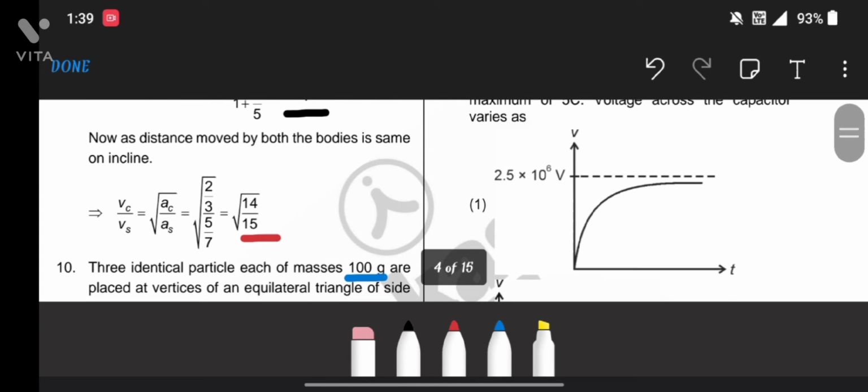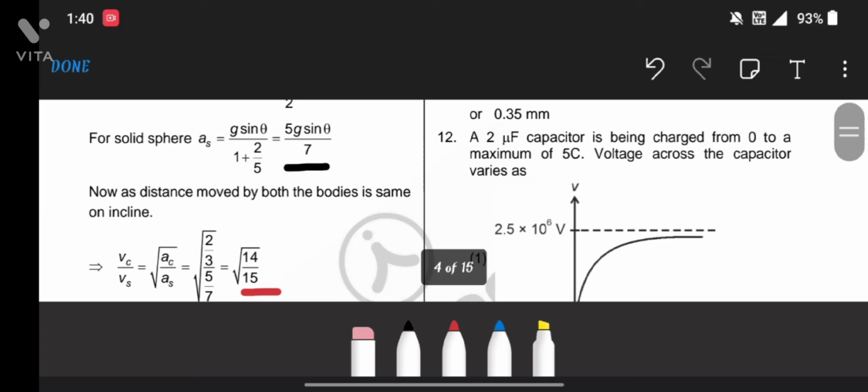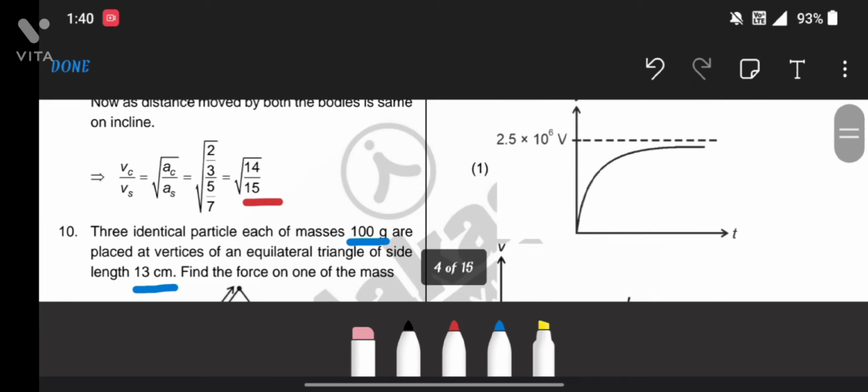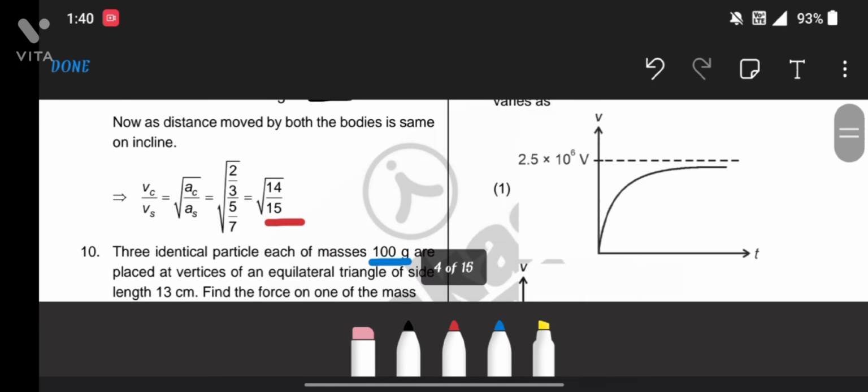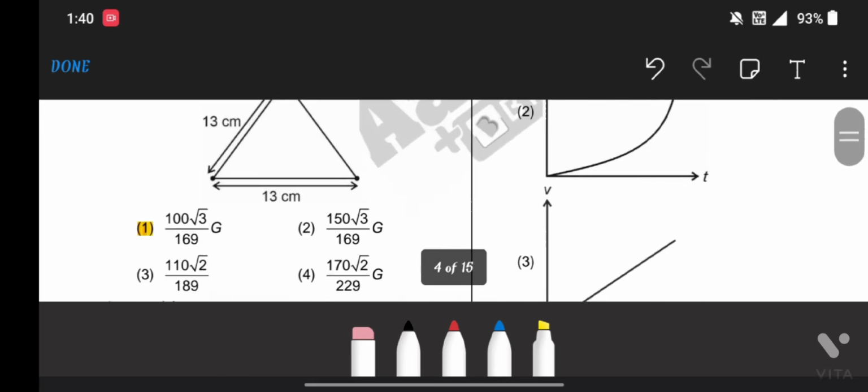In the first one, the graph is going up, means it is growing. This is voltage, this is time. So it is moving towards up. Voltage is increasing with increase of time.